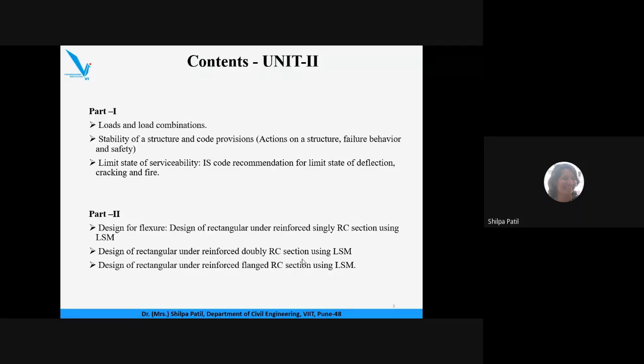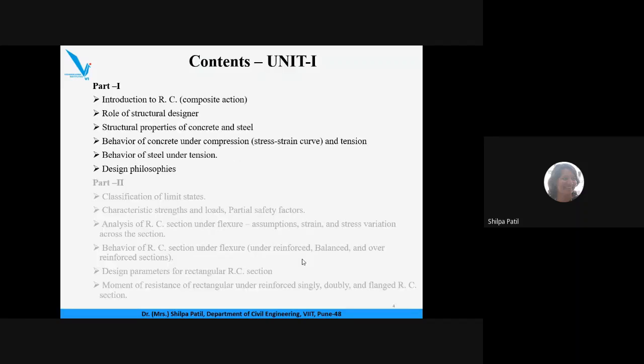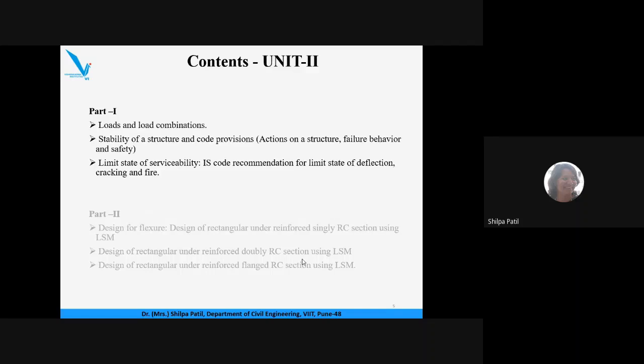So what will be my flow? I'm going to start with part 1 of unit 1. Then I'm going to cover part 1 of unit 2, because both these parts are related to the introduction to the subject as well as the introduction to the limit state method. Once we cover the entire introduction part, we can easily go to the analysis and design part, which will be a continuation.